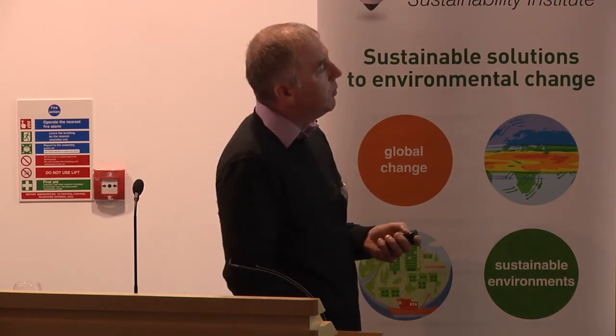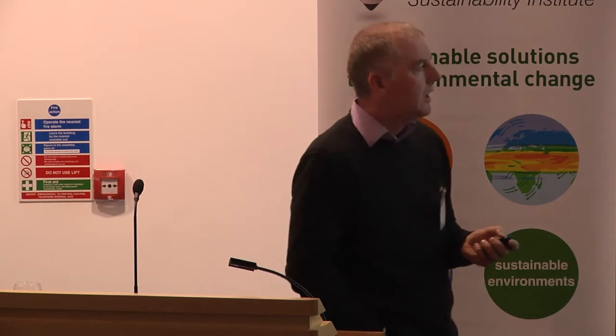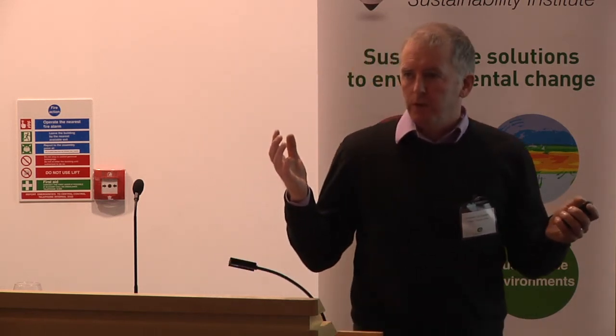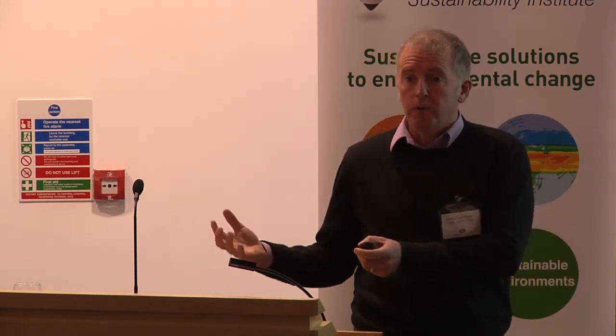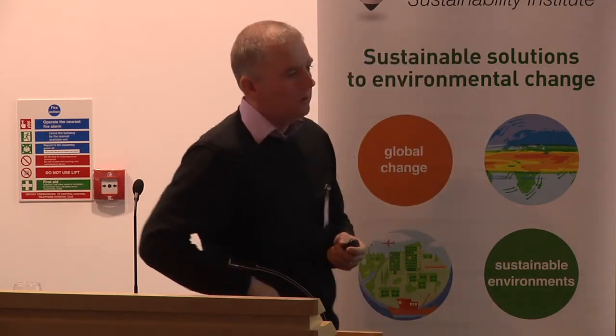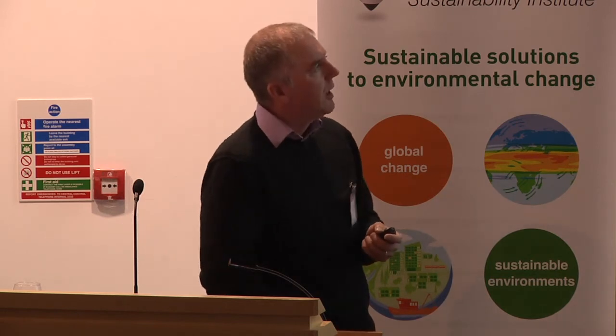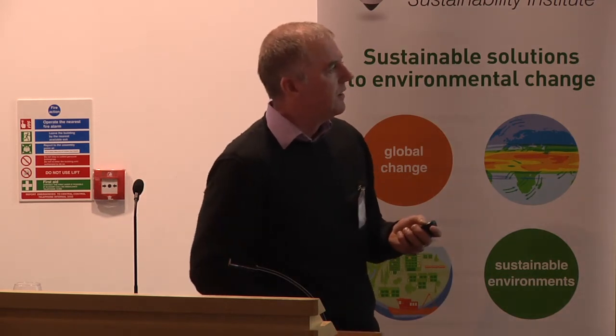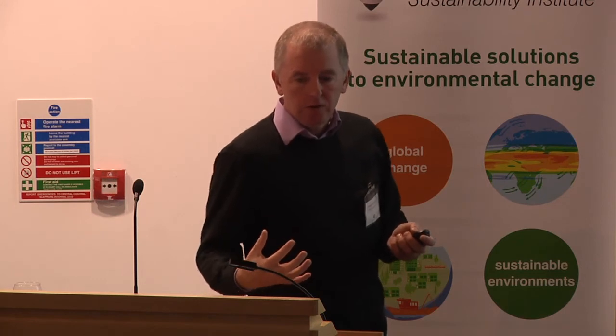This is one example which comes from the C4 Rice Consortium, which is funded by the Bill and Melinda Gates Foundation. A lot of you will be aware that we have different types of photosynthesis, C3 photosynthesis and C4 photosynthesis. C4 photosynthesis is more efficient, and it evolved to allow plants to capture carbon dioxide more efficiently. But rice doesn't use C4, it uses C3.